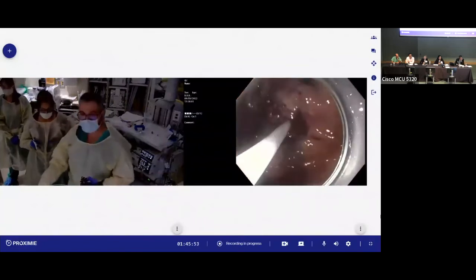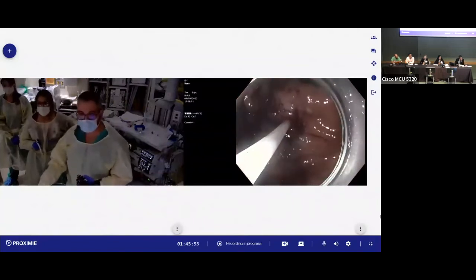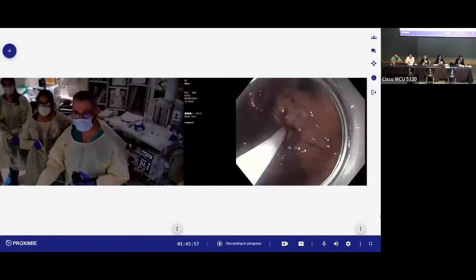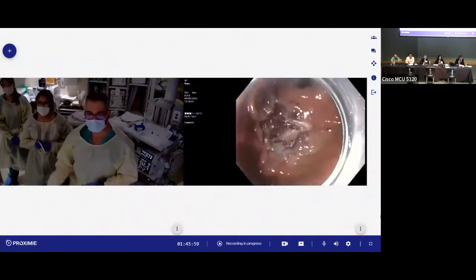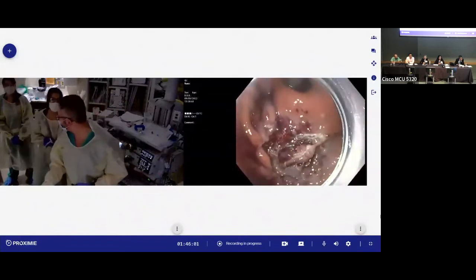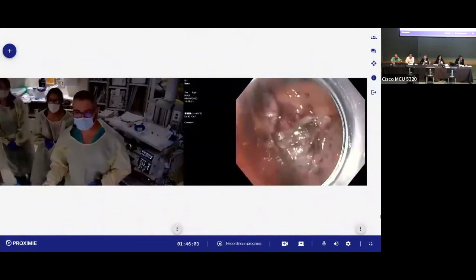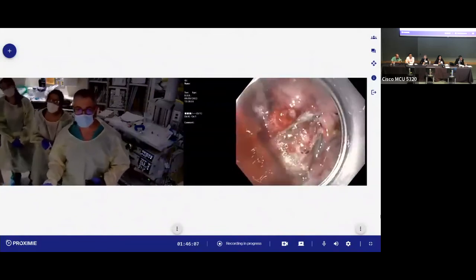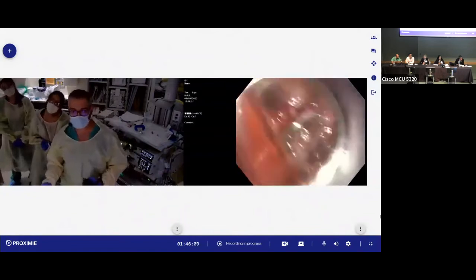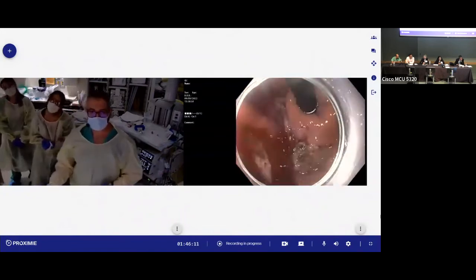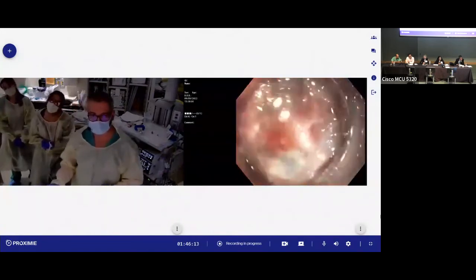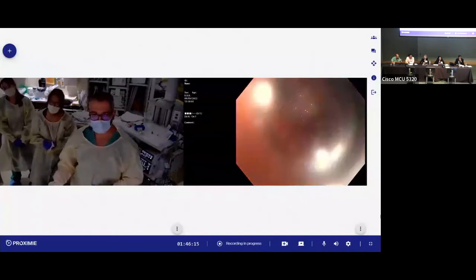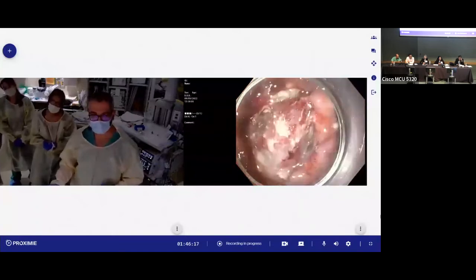What snare are you using for this? We are using a spiral snare. What's the name for it again? The 20 spiral. Yeah, the Olympus spiral snare, which is good for this situation. And previously you injected the whole base with ORISE?